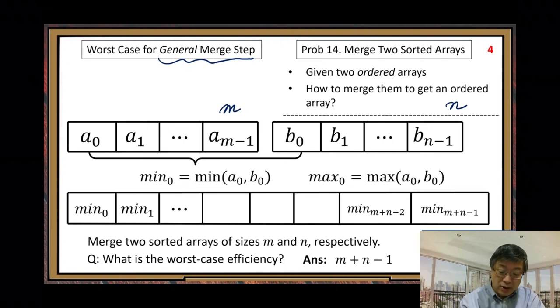The total number of elements is m plus n, then minus 1. So that's the answer we have for the general case, the general merge step.